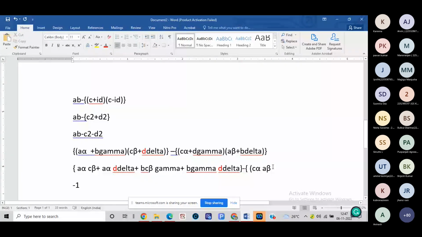Again plus. Now C alpha B delta, B delta. Plus E gamma A beta. A beta with D delta.